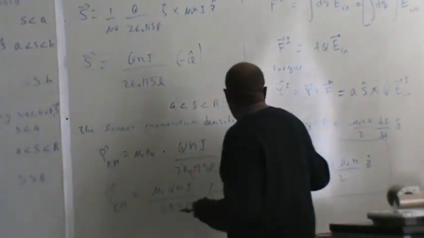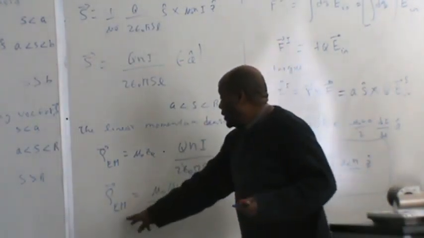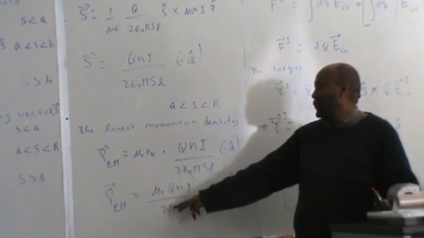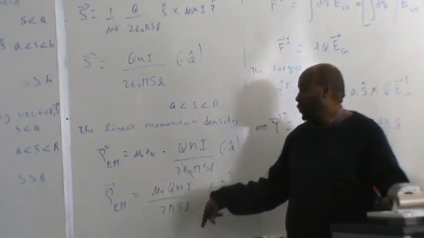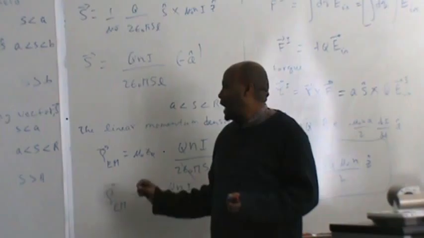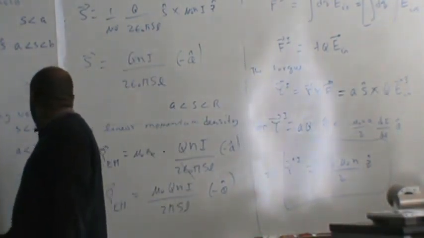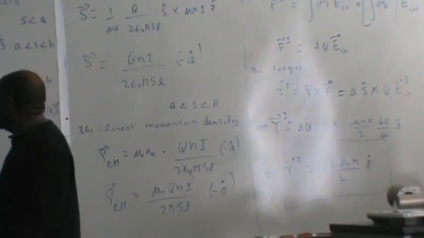So now coming back here, we found the linear momentum density. So in terms of the linear momentum density, how can I express the angular momentum due to an infinitesimal volume?